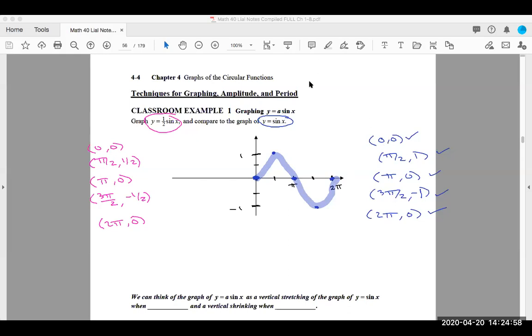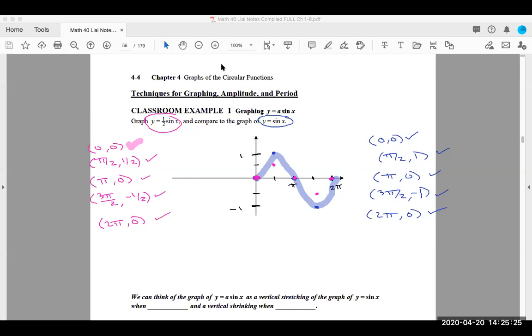Okay, now let's graph the shifted version of the parent. 0, 0. Oops. It's right here. We have pi over 2, 1/2 right here. Pi, 0 right here. 3 pi over 2, -1/2. And 2 pi, 0.